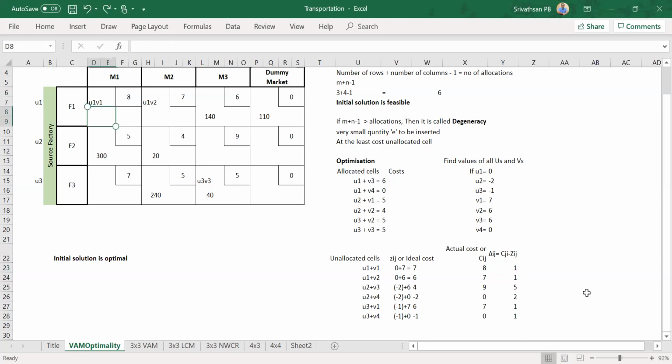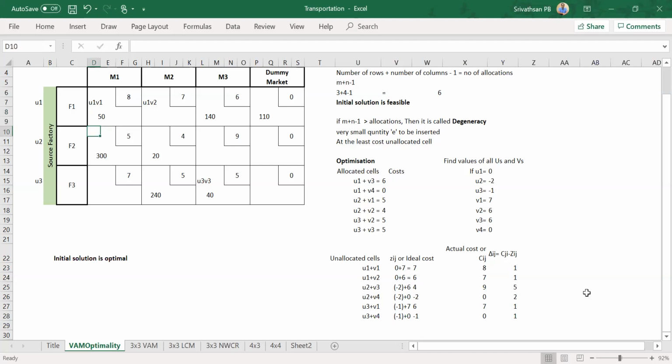To use that opportunity, I need to take quantities from different already allocated rows and columns and put them into this route. That's called looping. I'm not going to cover looping in detail, but I'll just tell you how it is done. Say I need to add 50 units here.